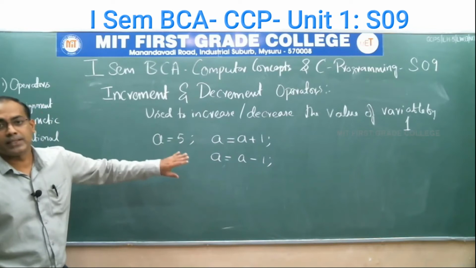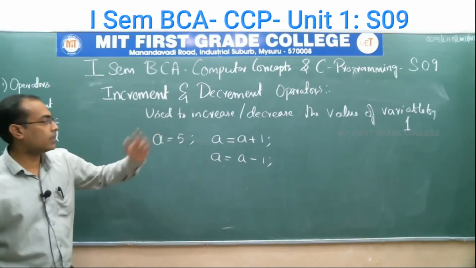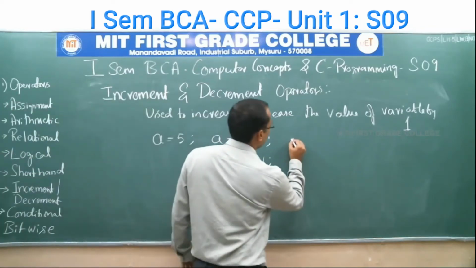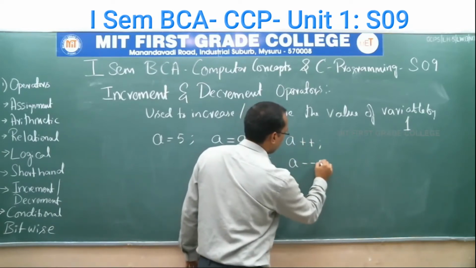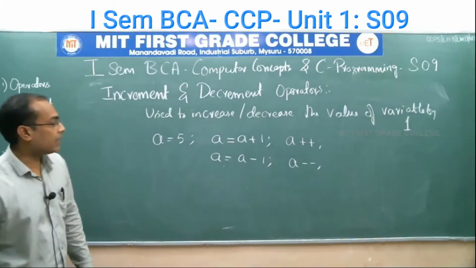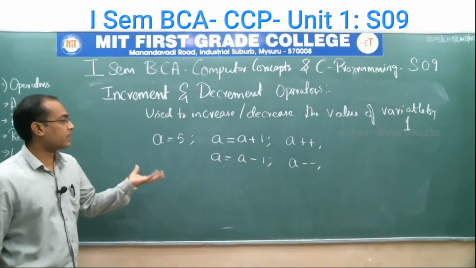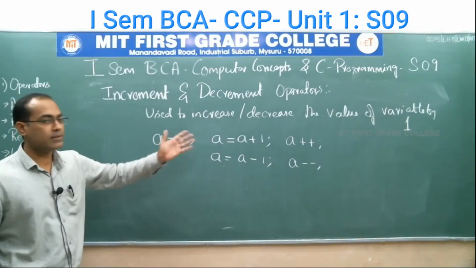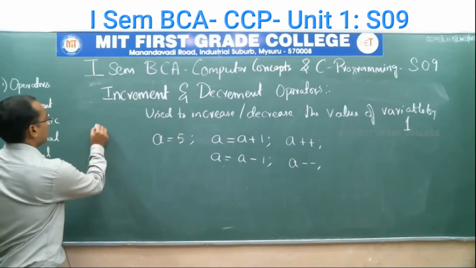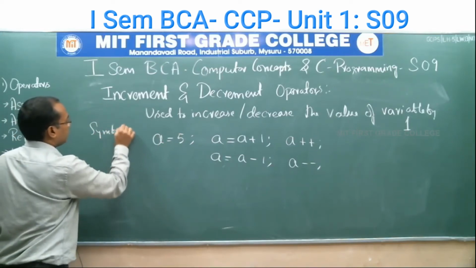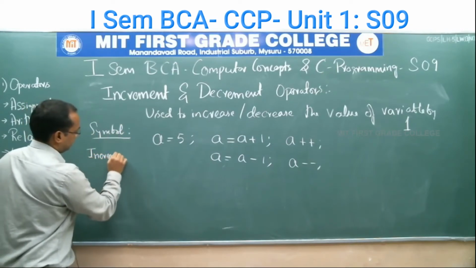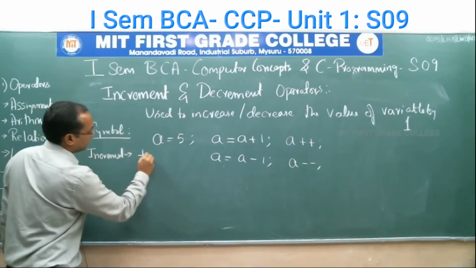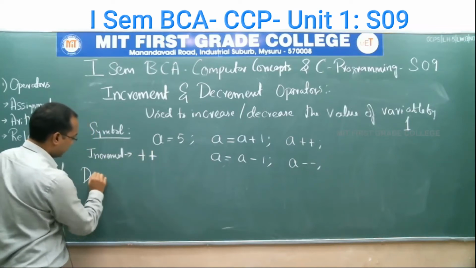If I want to represent this again in a short form, I can use the symbols A plus plus or A minus minus, which means that you have a short form representation to perform these operations. So the symbol for increment is plus plus, for decrement it is minus minus.